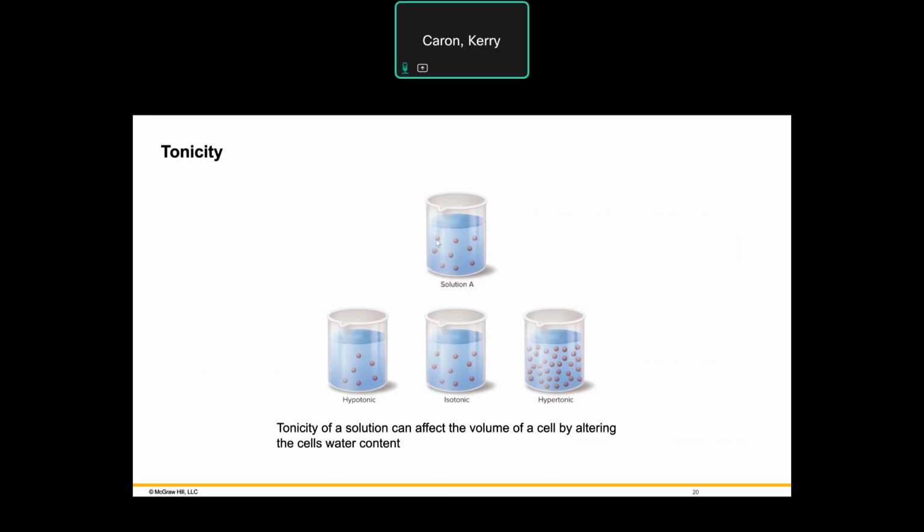So this would be isotonic, which means its solvent to solution ratio is equal, iso meaning same. Hypotonic means it's a weaker solution, so it's not as much solute. Hypertonic means it's more concentrated.